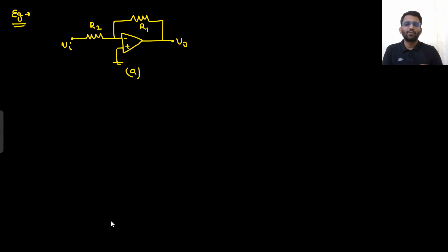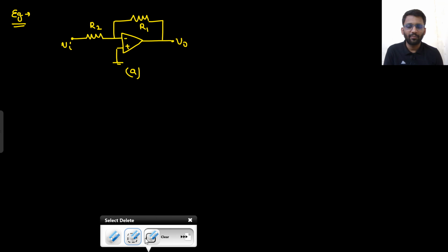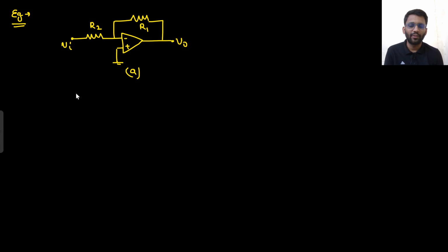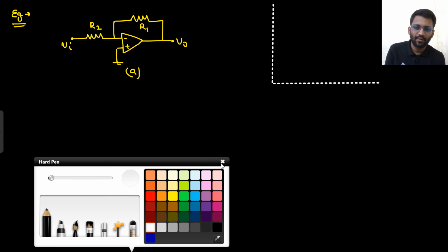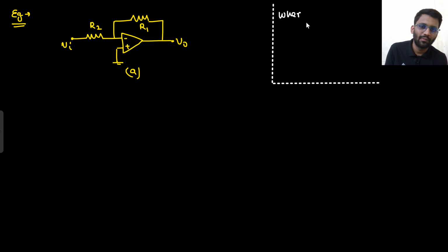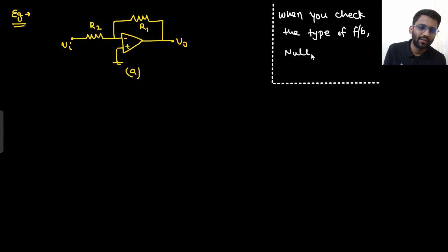When you are checking the type of feedback, you don't need to worry about input. You can short it. So when you check the type of feedback, nullify the input.